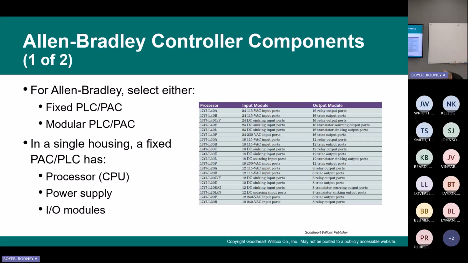I've got a few of those up here, so let's just do this. Anyway, the 1747 family is the SLC. Basically the same modules are available for the MicroLogix family. It's just the 1762. It's the first four digits instead of the 1747.